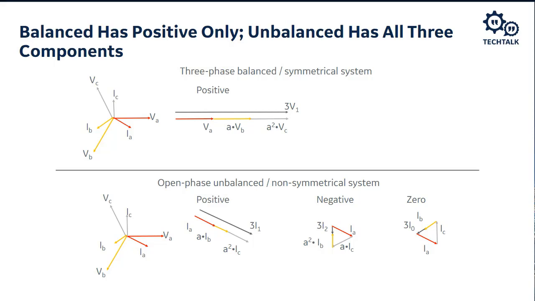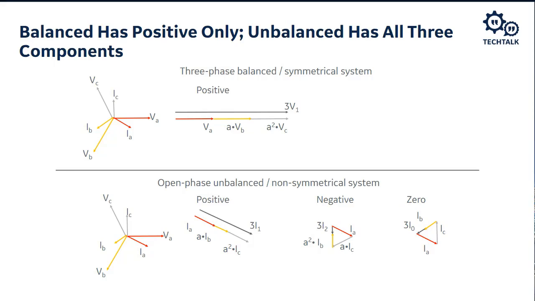Now, if we take a look at the bottom system, that's not a balanced system, right? Especially the currents. So the voltages look balanced, but the currents look like they're shifted a little bit, and they've not got equal magnitude. So if I look at the positive sequence components in the middle on the bottom, and I take IA, and then I shift IB by 120 degrees, it's in phase with IA.